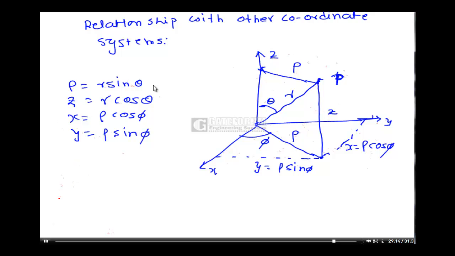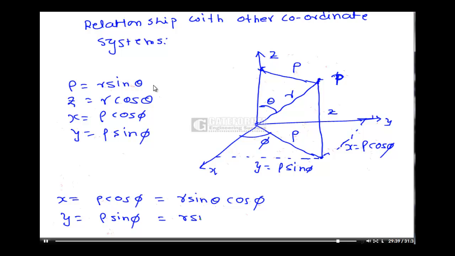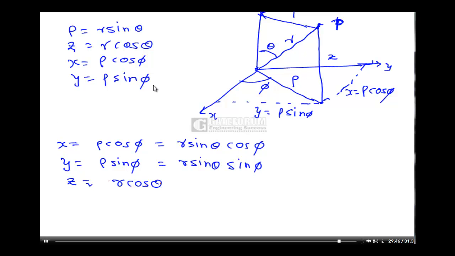Suppose I want to convert back. R is equal to square root of x square plus y square plus z square. Theta is equal to, how can we convert, cos theta is equal to z by r.